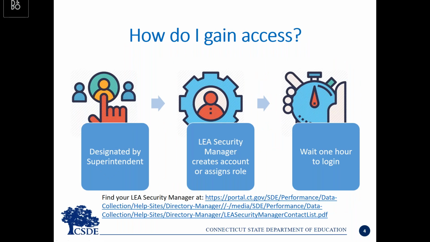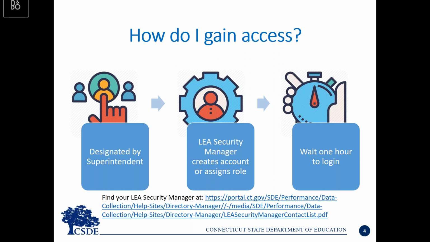So this slide is for those of you who don't have access already. We do have a process that begins with the superintendent designating which individuals in the district will be authorized to access EdSight Secure. Privileges are granted either at the school or the district level. Next, your district security manager will create the account or assign roles depending on what level of access you should have.